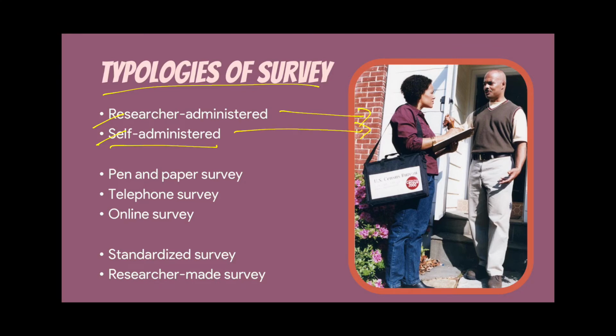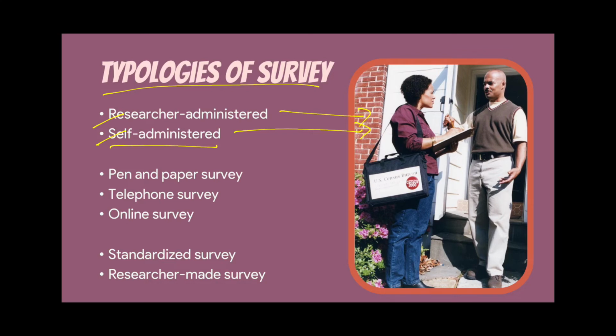So, what are the pros and cons? For researcher-administered, the biggest con is that it takes more time to administer. But the pro is that you are sure the person is understanding the question, and they have a way to ask you if they don't understand.